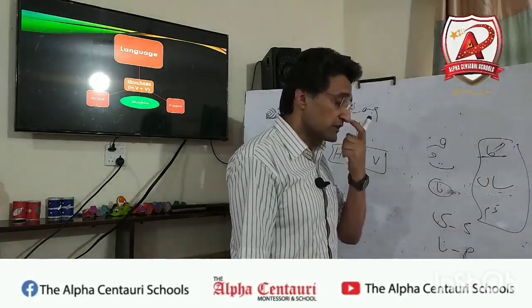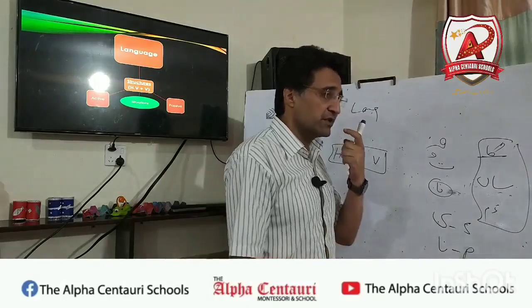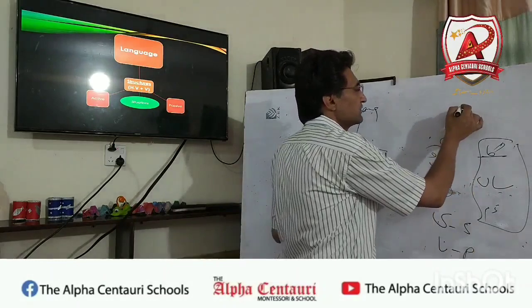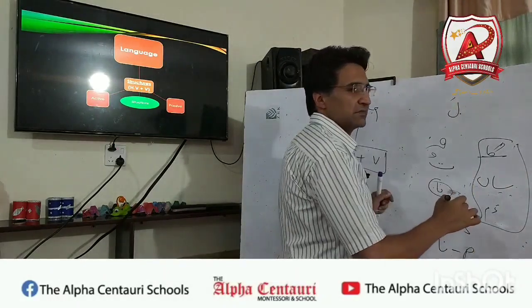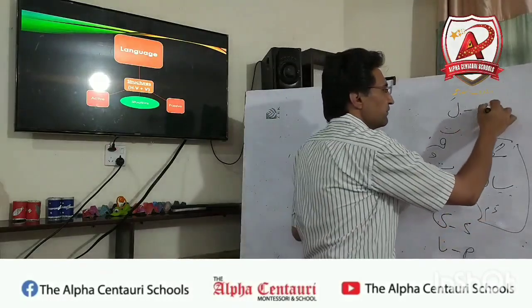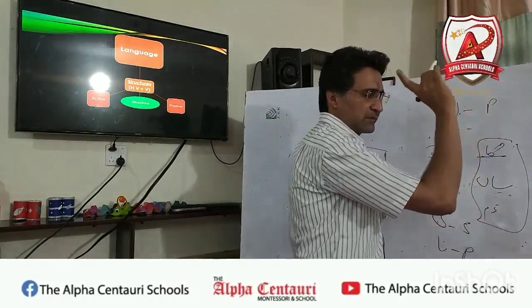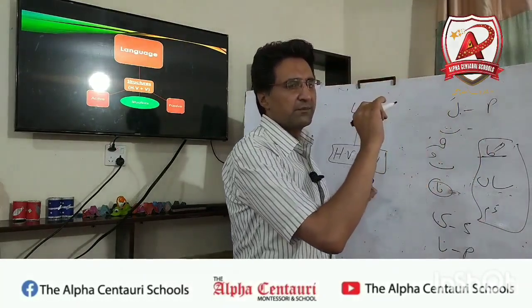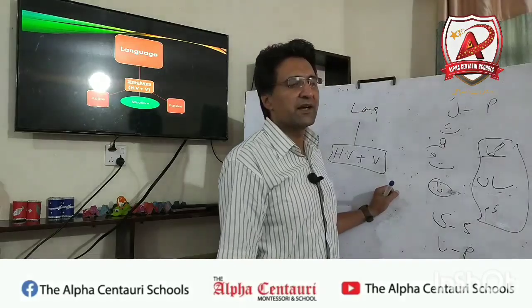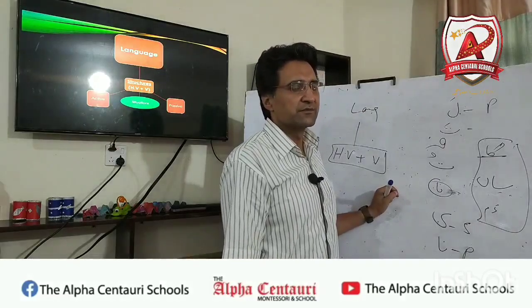But to talk about the structure in present, past and future, I'm using what? Fa'ala and falto. Fa'ala means past. That person did that in past. And falta, this is for present and future.